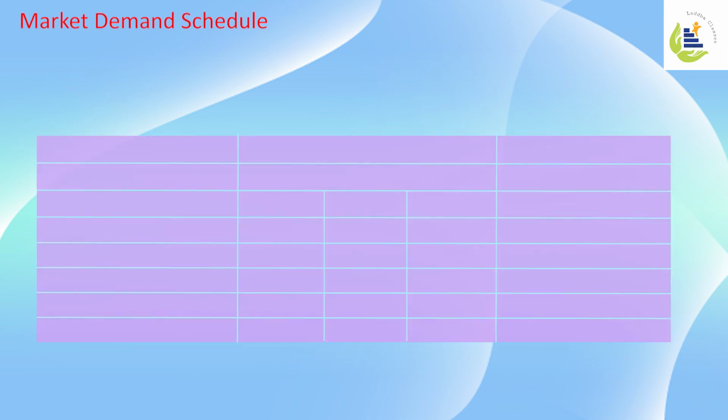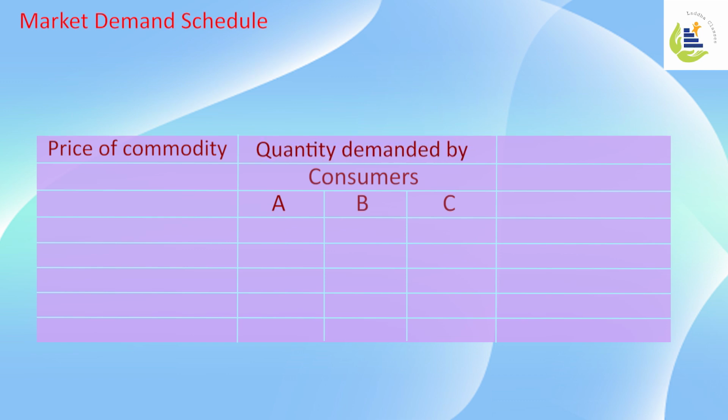Let's say in a market there are only three consumers: consumer A, consumer B, consumer C, and the demand for a product, let's say X. In this chart, the first column represents the price of a commodity, and the second, third and fourth columns represent the quantity demanded at different prices of the same commodity by consumer A, consumer B and consumer C. The last column represents the total, the sum of all the horizontally demanded quantities.